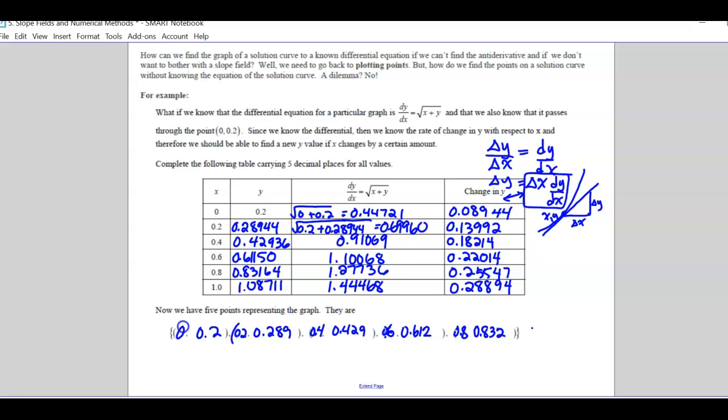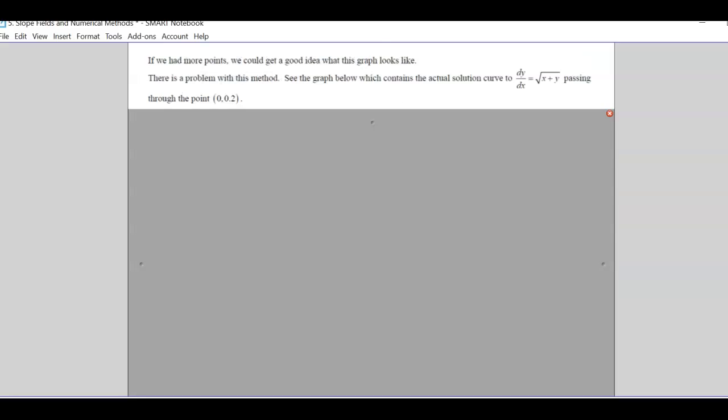I'm going to add in the last one, 1. Okay. And then sketch those. I'm actually going to keep it maximized.